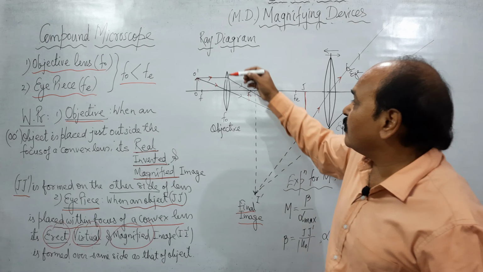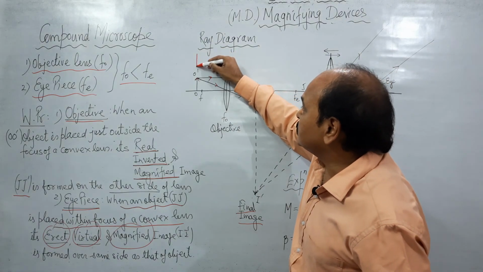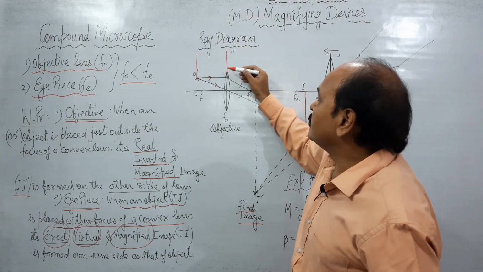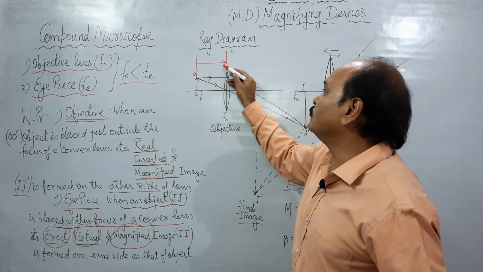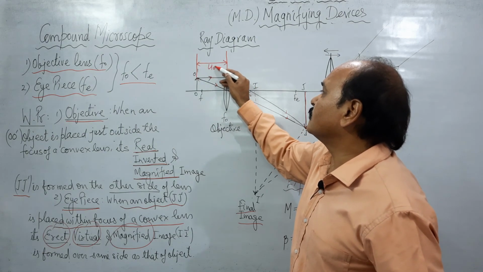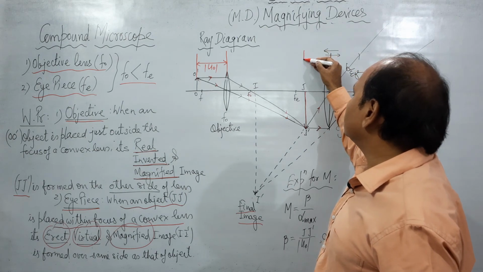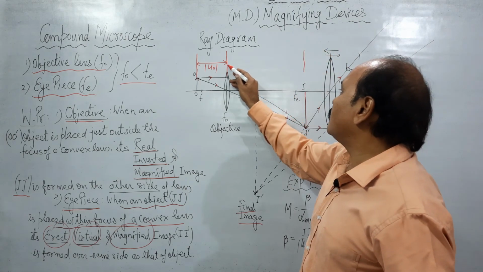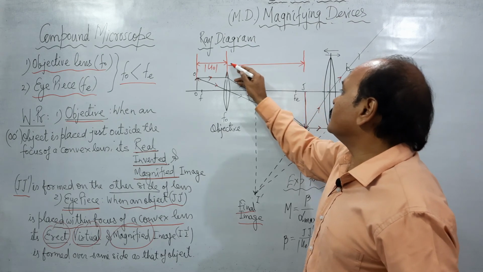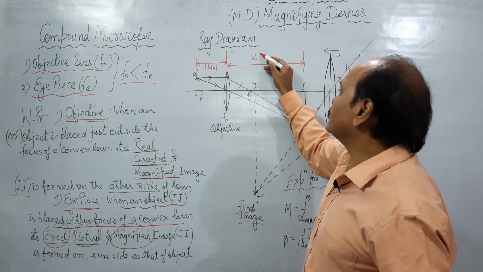The distance of the object from the objective lens is U naught. The distance of the image from the objective lens, the image being formed as JJ dash, is V naught.